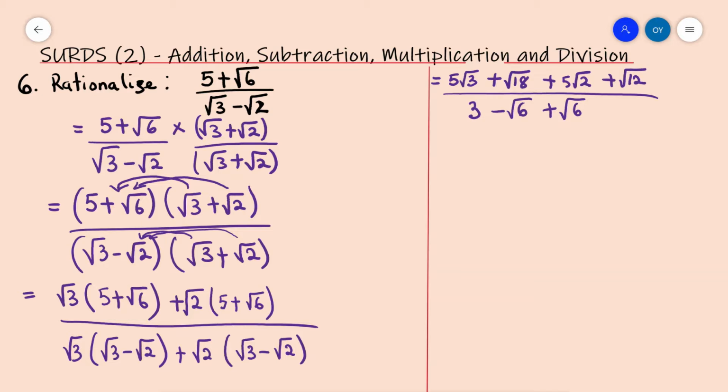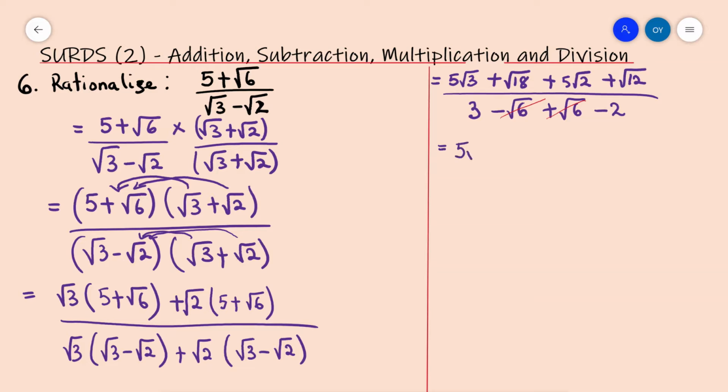Then plus root 2 times negative root 2, that's negative 2. And here we know that negative root 6 plus root 6 is 0. So this is gone.